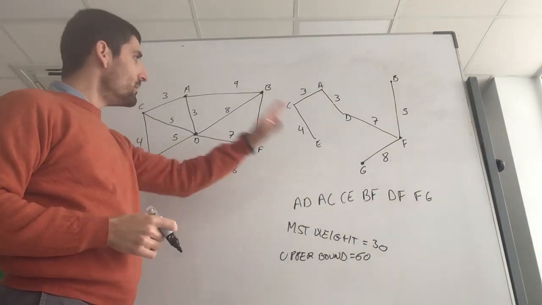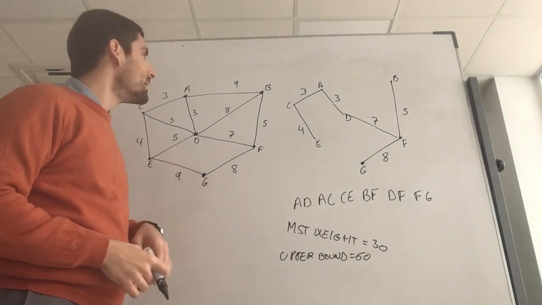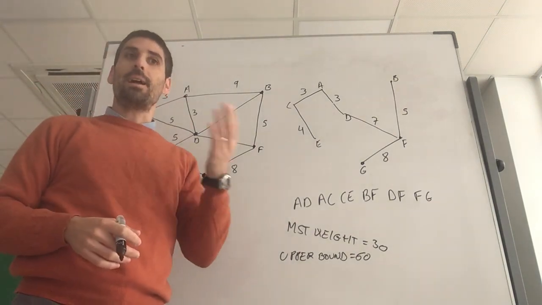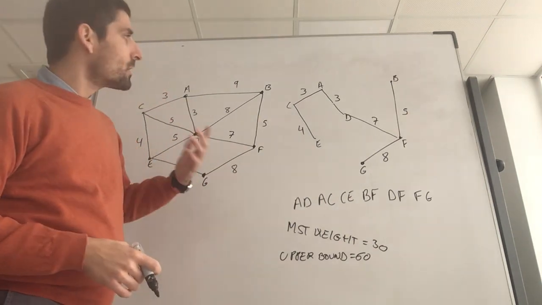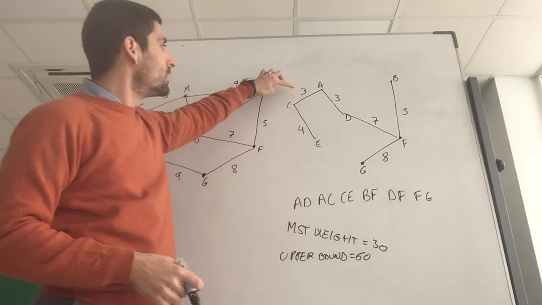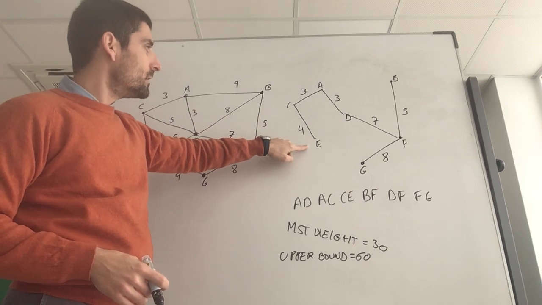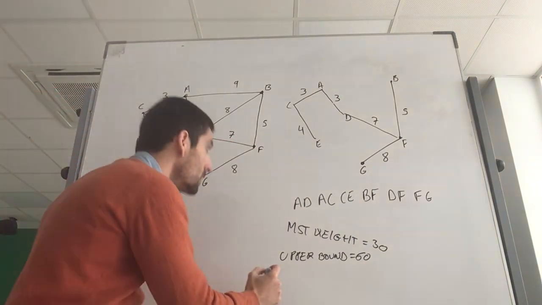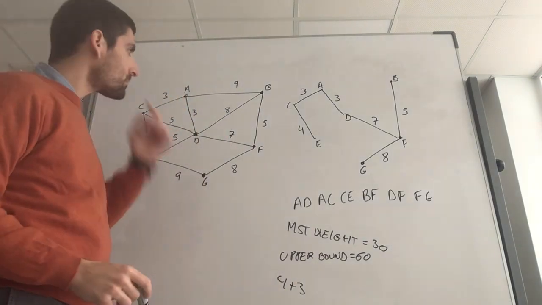So, if you think about this traveling salesman traveling through the network, let's say we started at A and we wanted to finish at A. I could travel doing A to C to E, so that would be 4 plus 3.